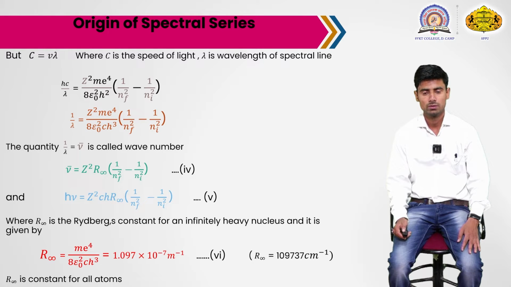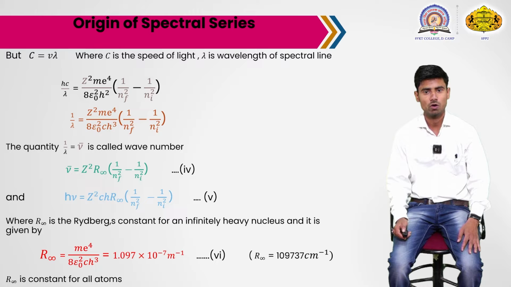m e power 4 by 8 epsilon 0 square c h cube. Here m is the mass of the electron, e is the charge on the electron, epsilon 0 is the permittivity of free space, c is the speed of light in vacuum, and h is the universal constant, Planck's constant.